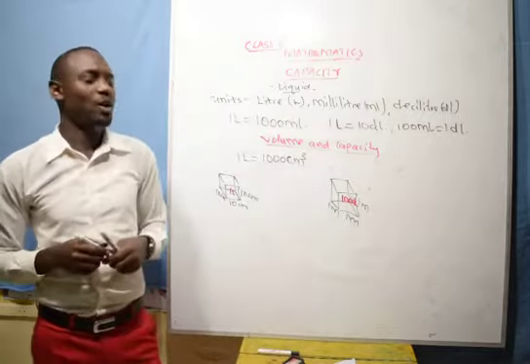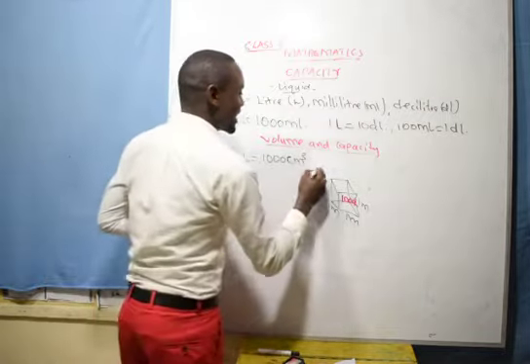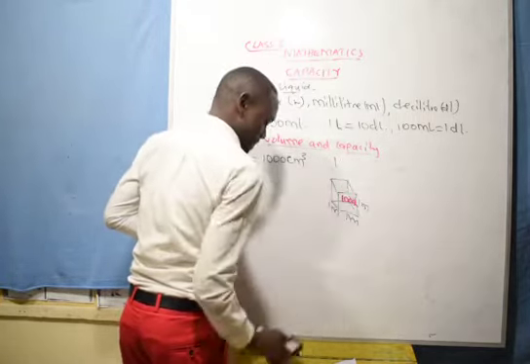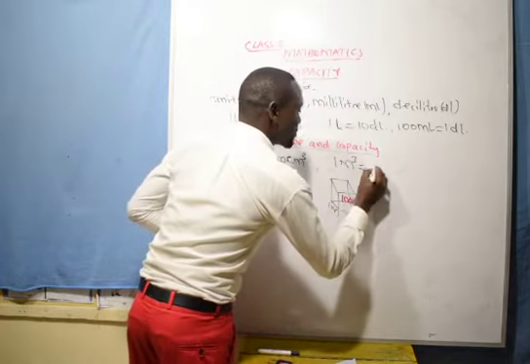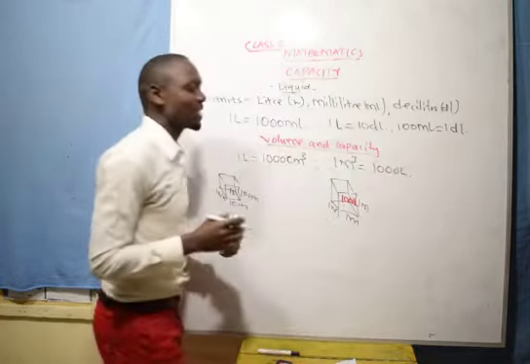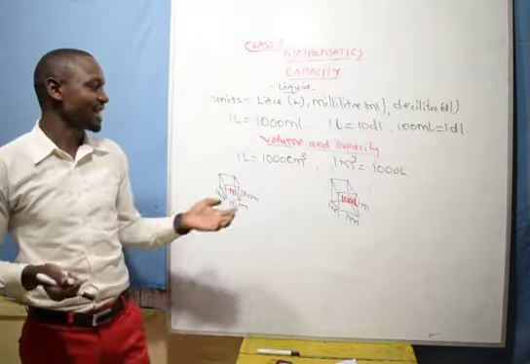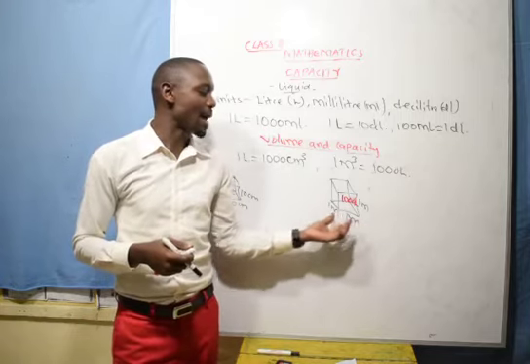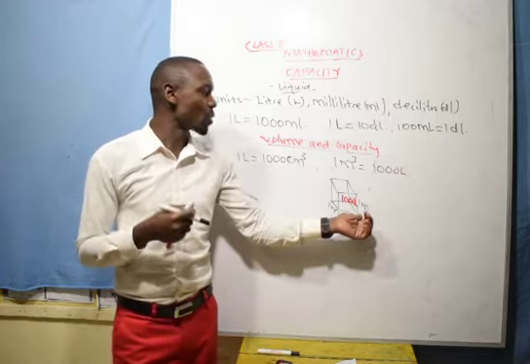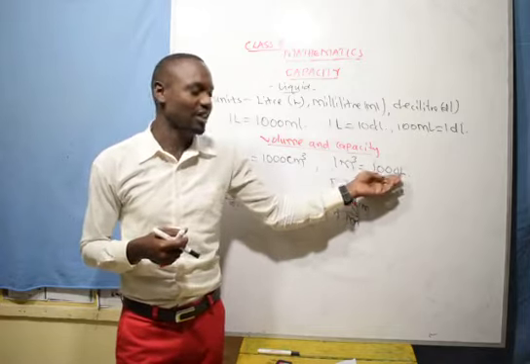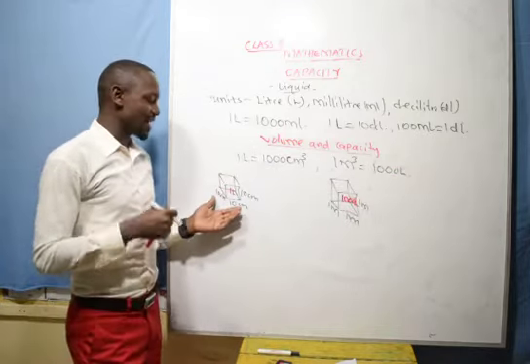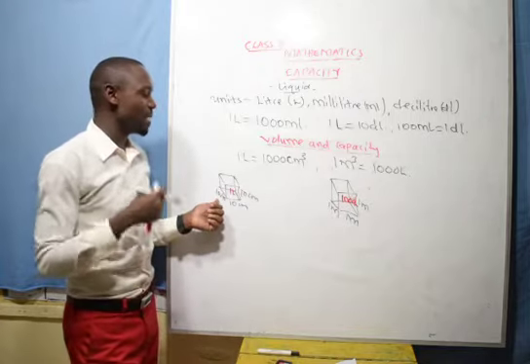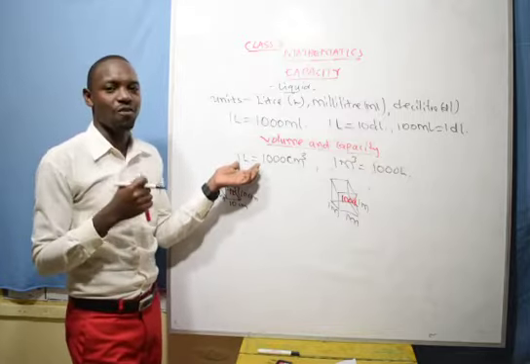That tells us that 1 cubic meter is equal to 1000 liters. That means a container that measures 1 meter by 1 meter by 1 meter will hold 1000 liters of water, and a container that measures 10 centimeters by 10 centimeters by 10 centimeters will hold 1 liter of water.